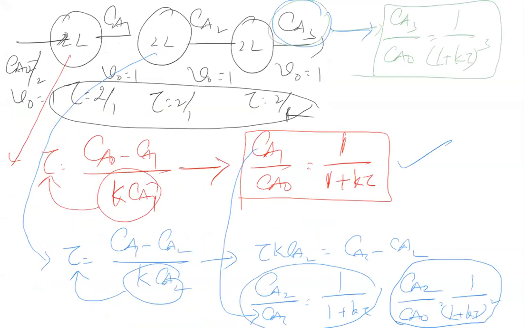This is the previous board where we have derived that tau is nothing but volume by volumetric flow rate, 2 divided by 1.